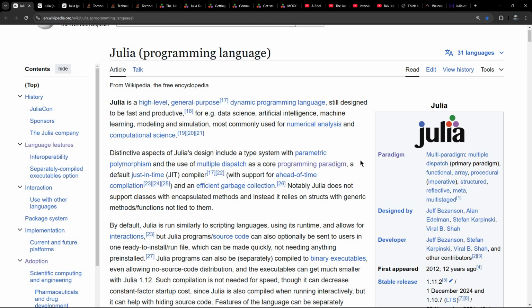It's general purpose, but certain aspects of it, like being fast and productive, make it well suited for things like data science, AI, machine learning, simulation modeling, numerical analysis and computational science. So if you're thinking about adding another string to your data science language bow, then Julia, I think, is a good place to go.